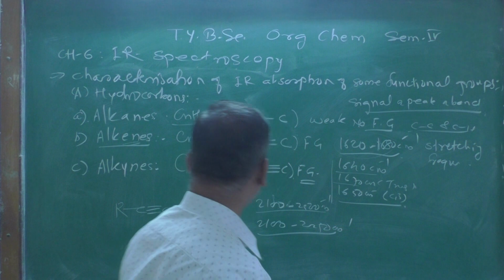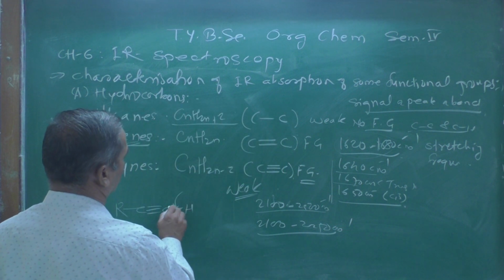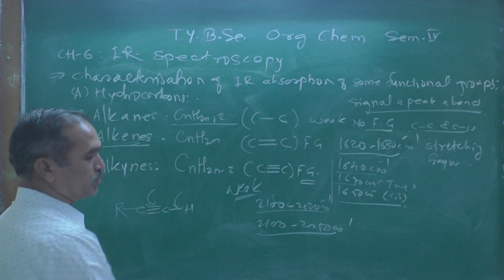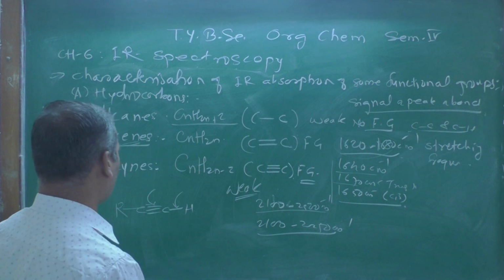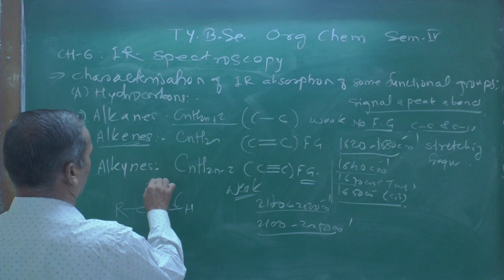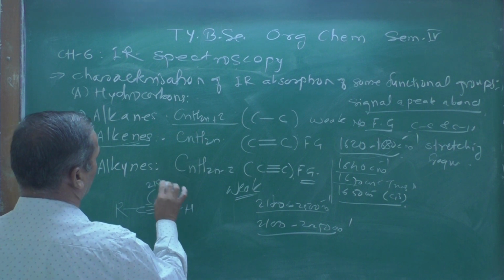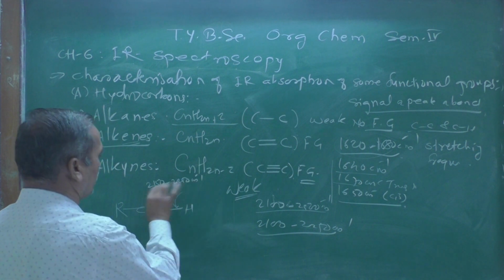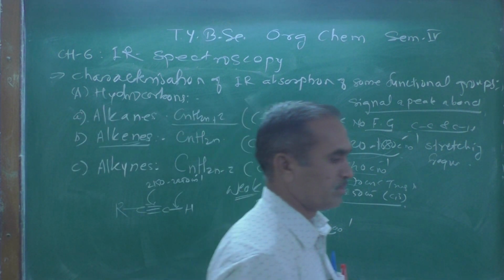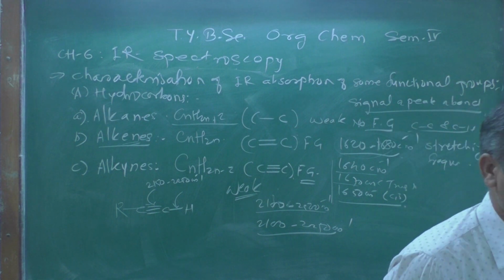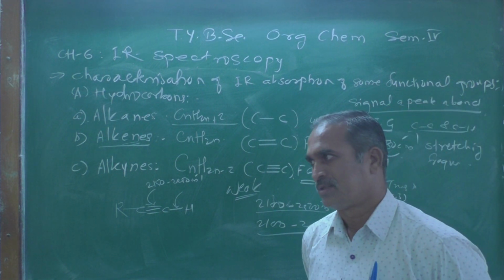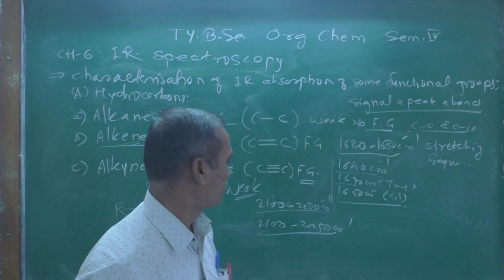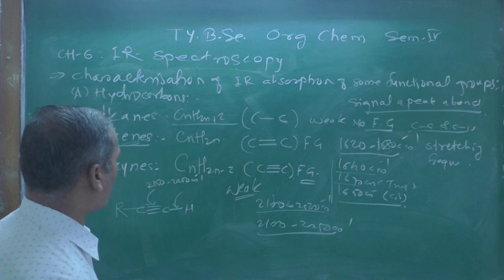One is due to the acetylenic CH stretching and one is due to the carbon-carbon triple bond. As we know, the carbon-carbon triple bond is found at 2150 to 2250 per centimeter, and this peak clearly suggests the presence of a carbon-carbon triple bond in that organic compound.